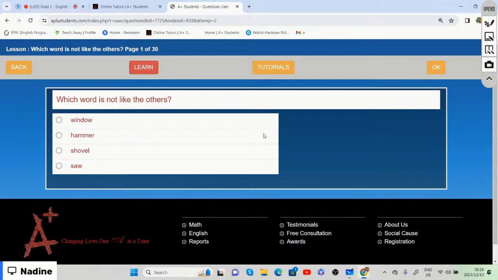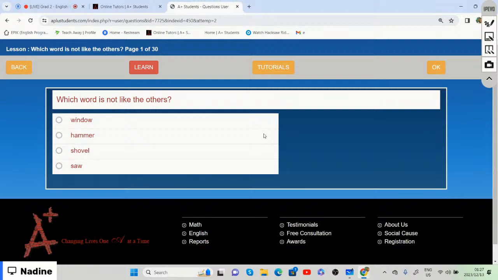So if we look at the words, right? It says which word is not like the others, which is not the same as the others. We have window, we have hammer, shovel, and we have a saw. So which word is not related to the others? Is it window?